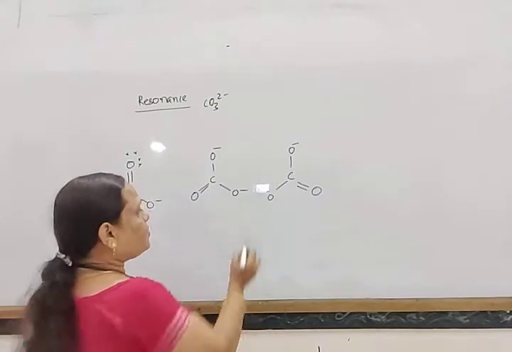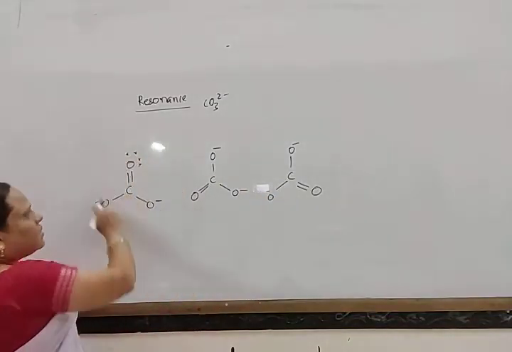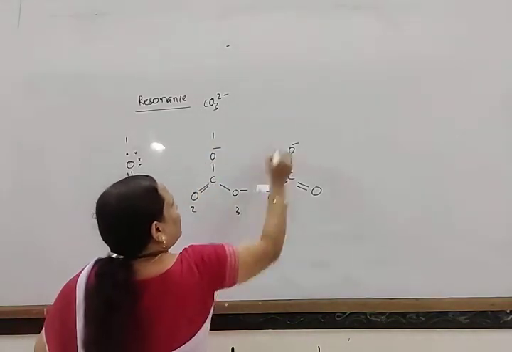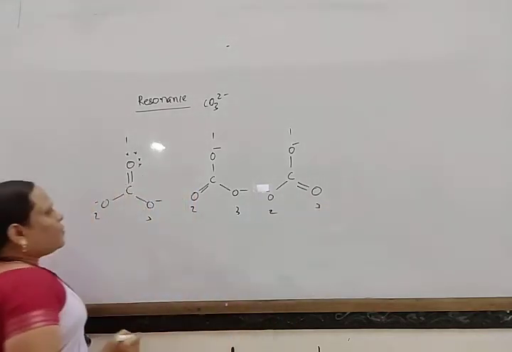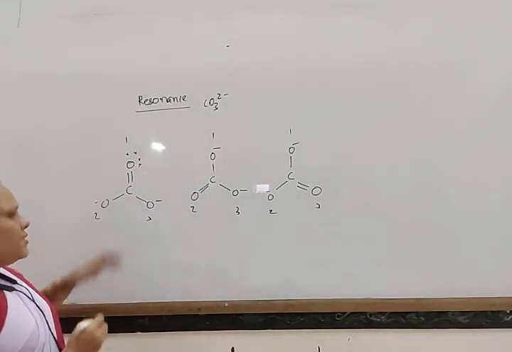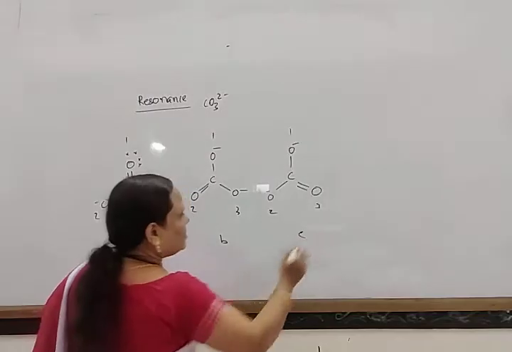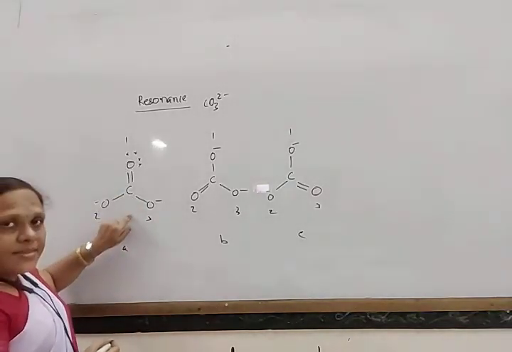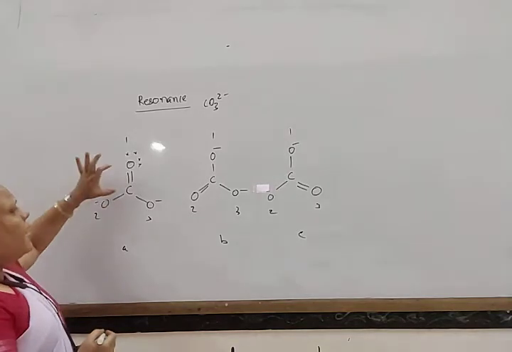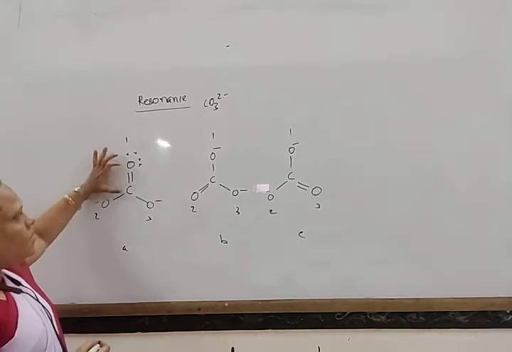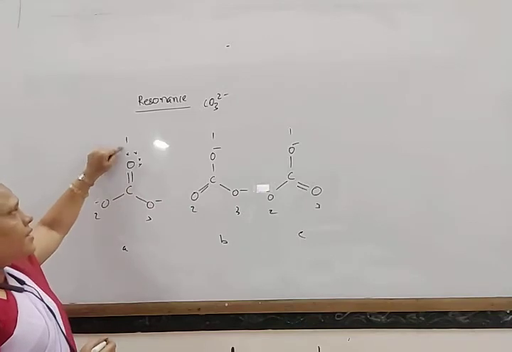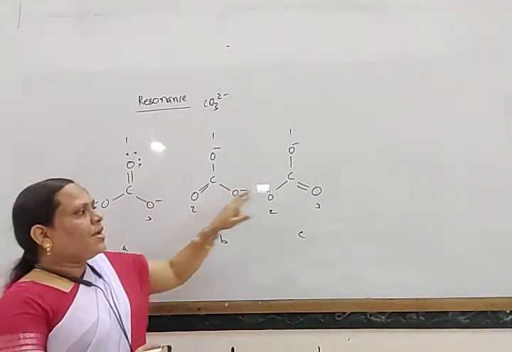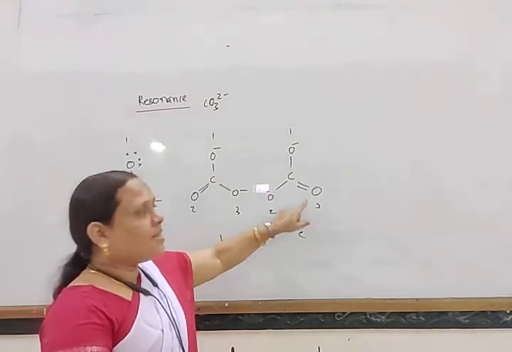But what is the difference between them? Suppose I number the oxygen atoms as 1, 2, 3 in each structure. In structure A, B and C, in structure A the double bond between carbon and oxygen is at oxygen number 1, but here it is at oxygen number 2, and here the double bond between carbon and oxygen is at oxygen number 3.